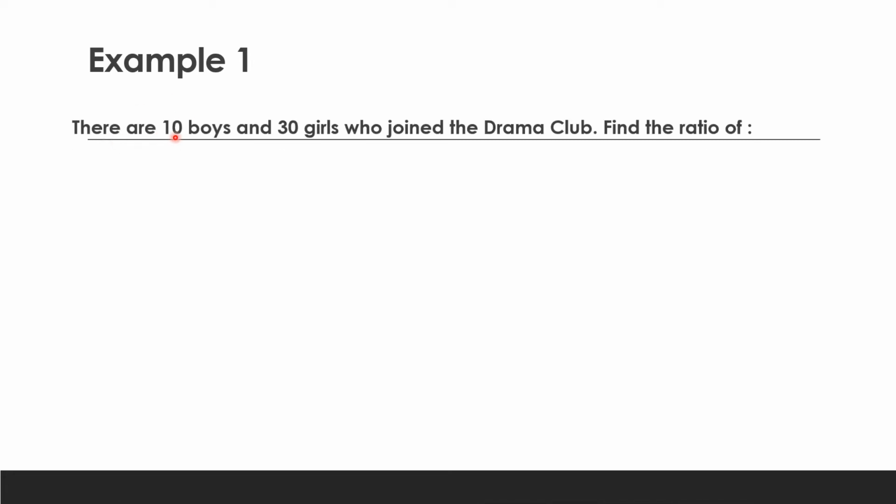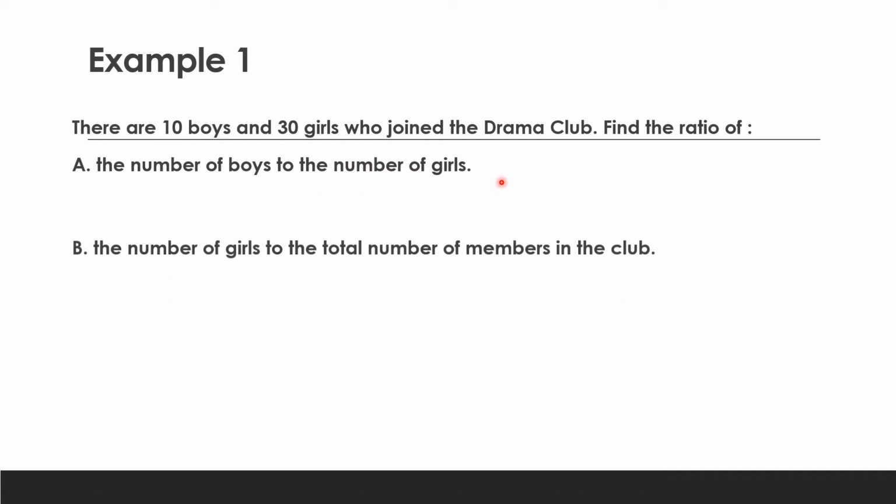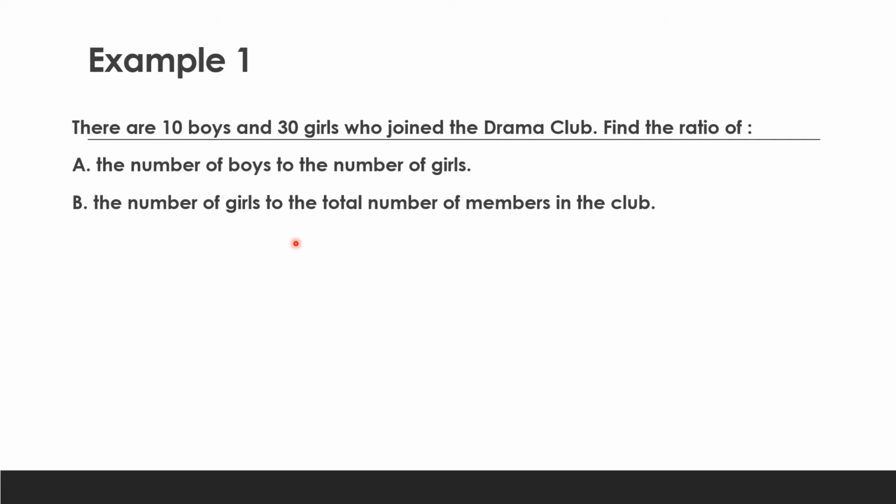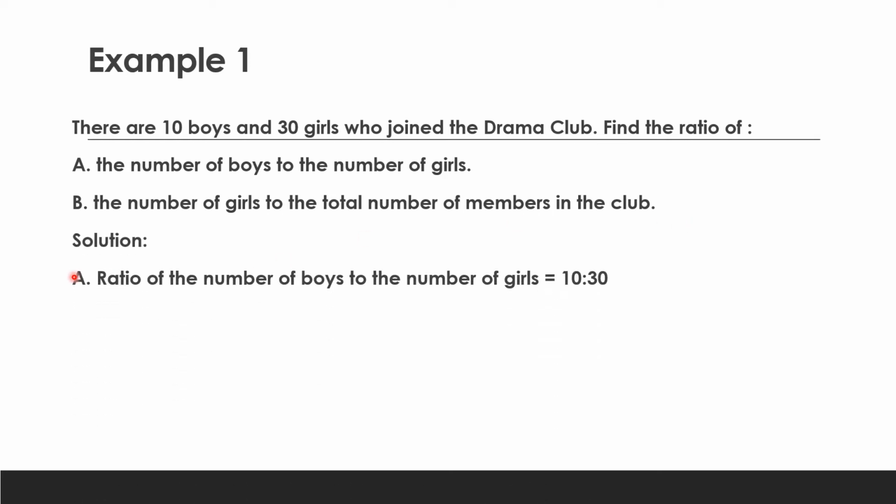Example number 1. There are 10 boys and 30 girls who join the drama club. Find the ratio of A, the number of boys to the number of girls, and B, the number of girls to the total number of members in the club. Solution.